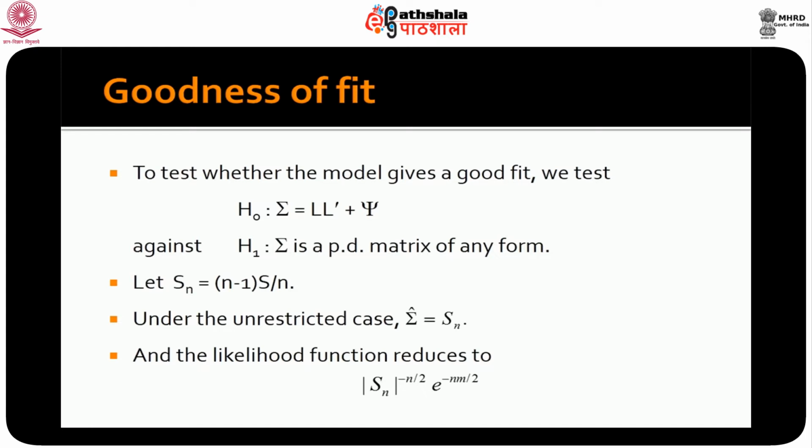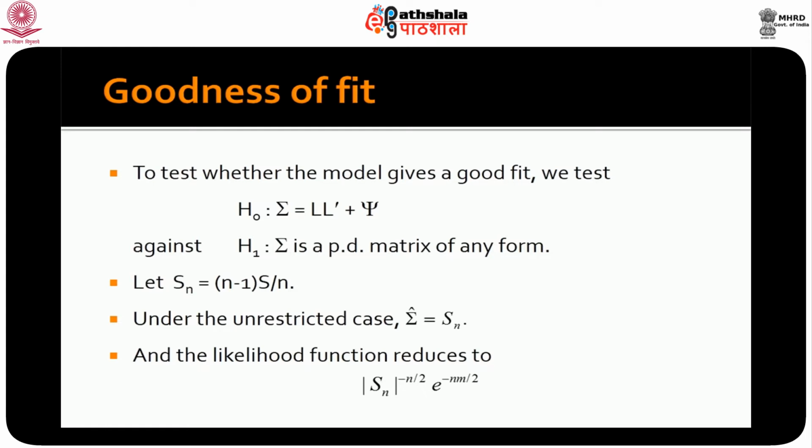So we can write sigma hat is equal to Sn. Remember that when we use the maximum likelihood estimator, Sn is slightly different from what we define as S, in the sense that Sn has a divisor of n. Now once we do that, and if we put this into the likelihood, then the likelihood reduces to the form Sn to the power of minus n by 2 e to the power of minus nm by 2.